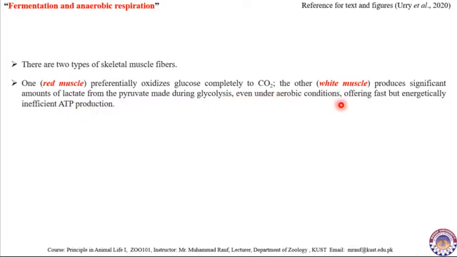So this process can occur even in aerobic conditions, where ATP production is fast because the pyruvate doesn't need to enter into a long chain of reactions entering the Krebs cycle and then the electron transport chain, because the body is in urgent need of energy.